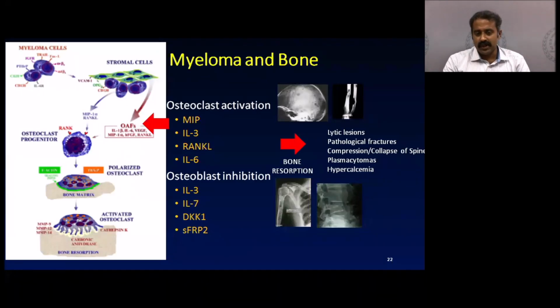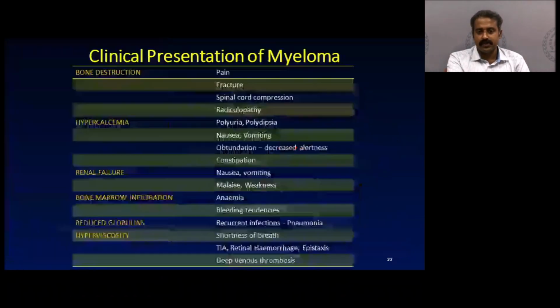Because there is osteoblastic inhibition in multiple myeloma, the alkaline phosphatase is usually normal. Rarely you may come across a patient with a high alkaline phosphatase, and mostly it is because of bone formation after a fracture. Otherwise, in almost all cases of multiple myeloma, the alkaline phosphatase is normal.